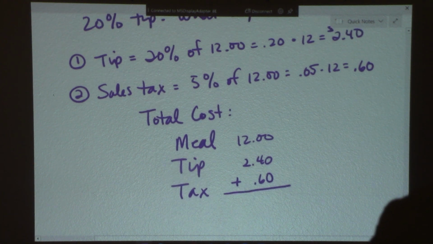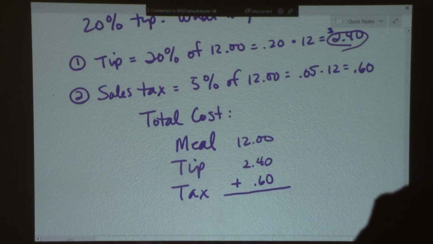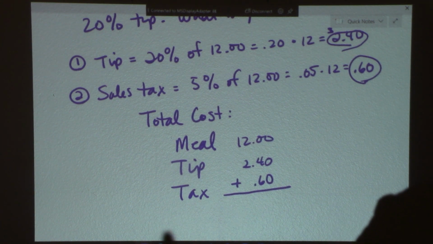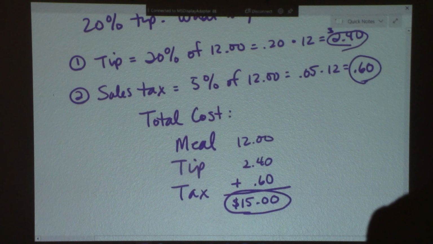So you can't just figure out the tip. You can't just figure out the sales tax and be done. We always go back to the question and make sure that we actually answered the question. In this case, there are 3 steps. So when I total everything, I get $15. That is the total cost.